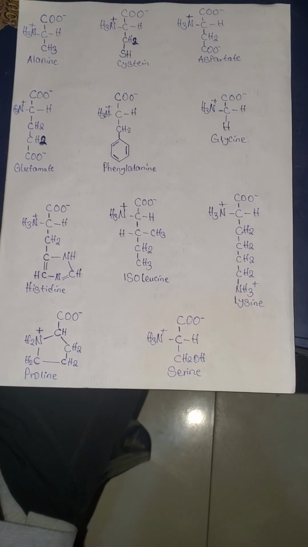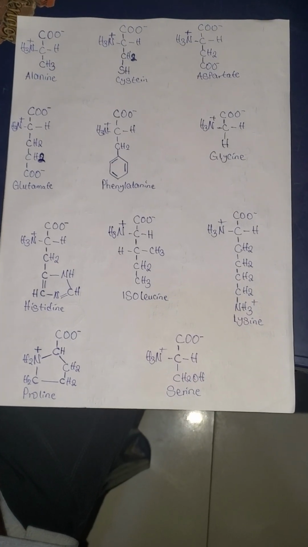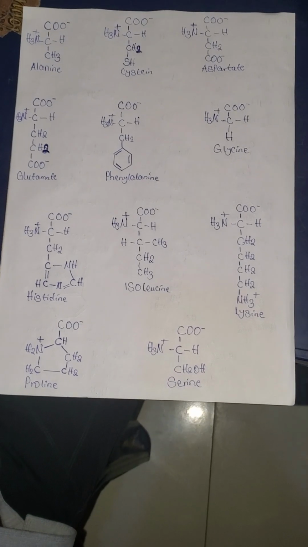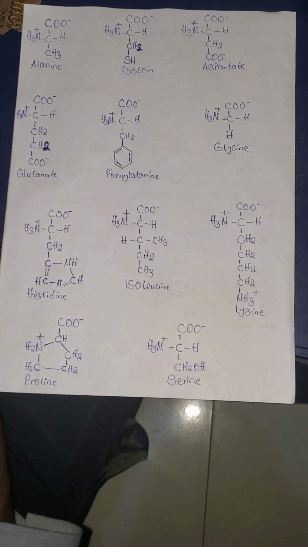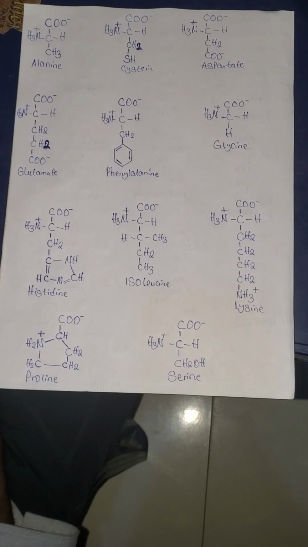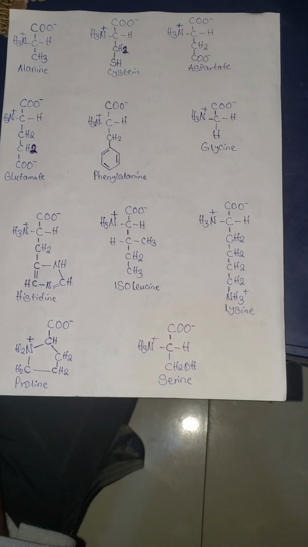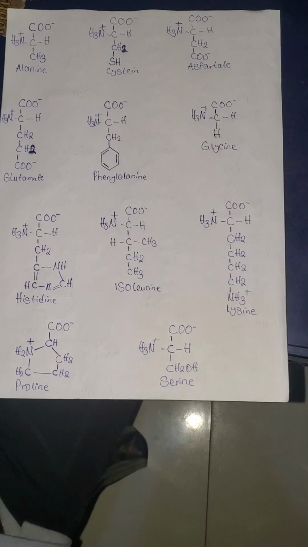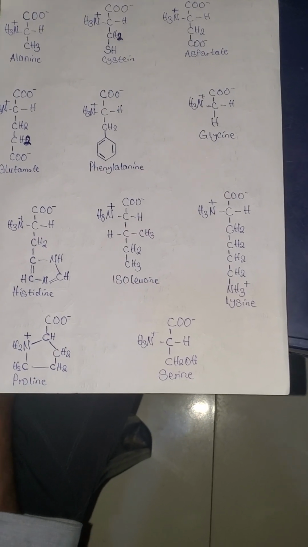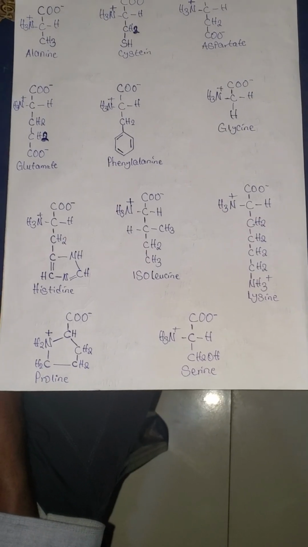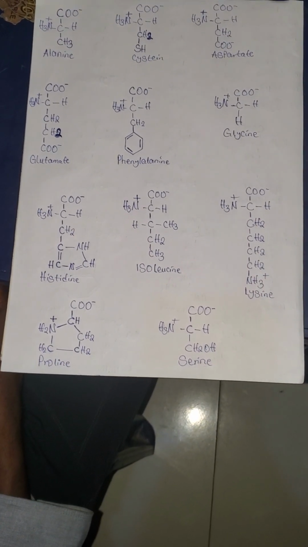We have phenylalanine, glycine, histidine, isoleucine, lysine, serine, proline, tryptophan, tyrosine, leucine, valine, and we have so many of them: asparagine, methionine. You can check the list for yourself. We have threonine as well. So these are the 20 amino acids we made mention of in our last class.